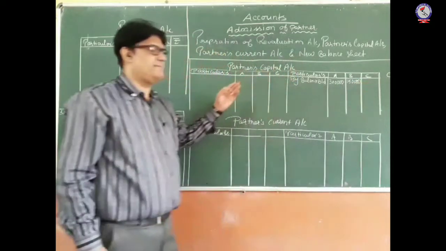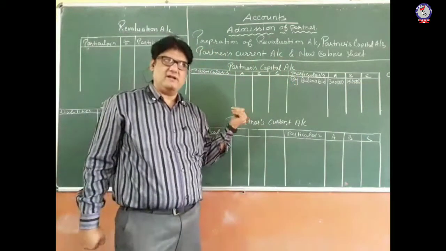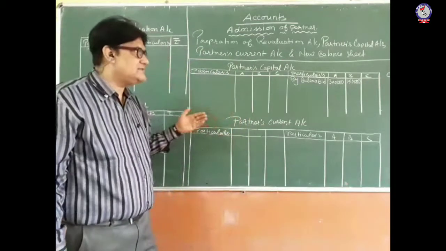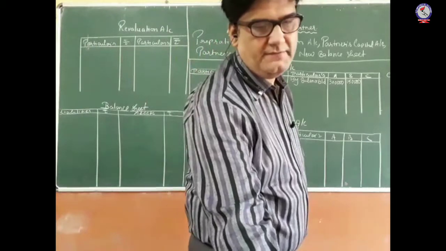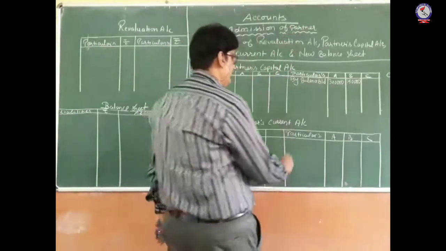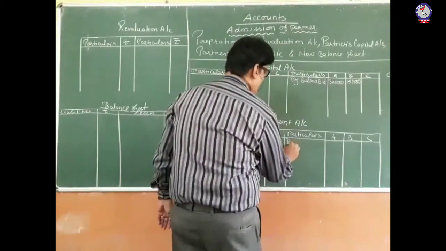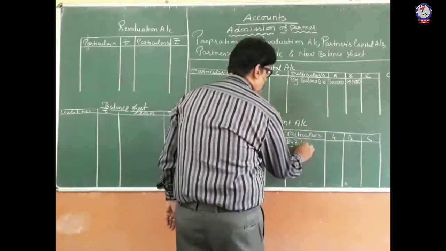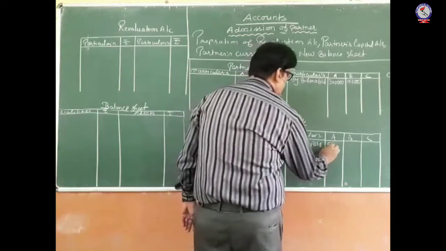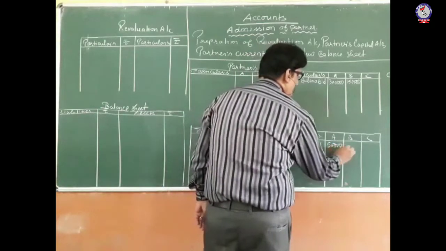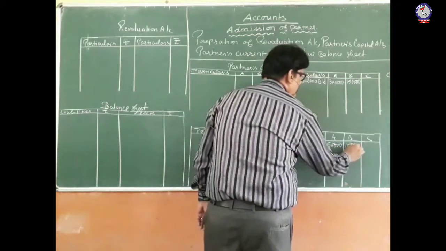Because we are preparing capital and current account both, it means here the capital of partner is fixed. And the current account balances were 50,000 and 10,000 respectively, so the credit balance is 50,000 and 10,000 respectively.